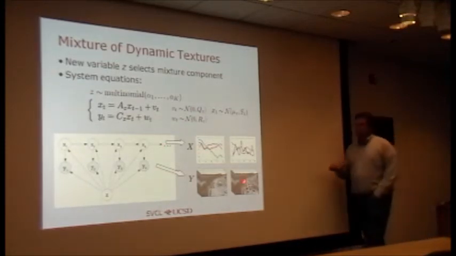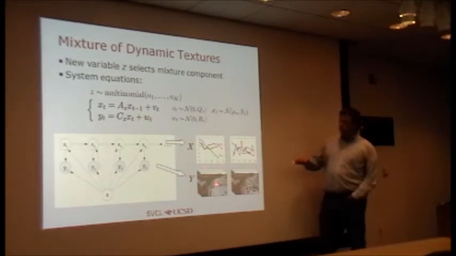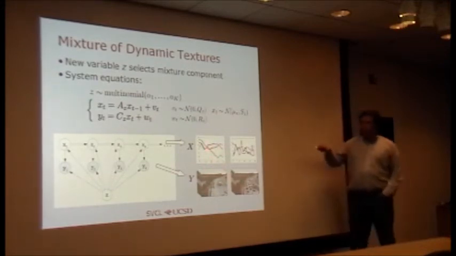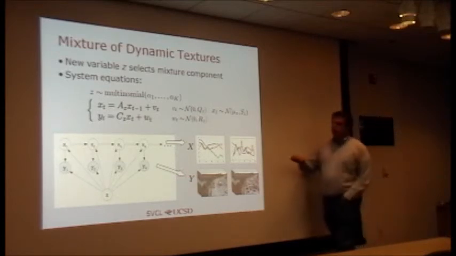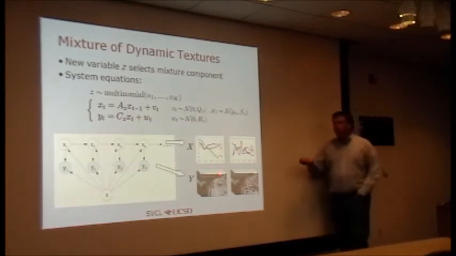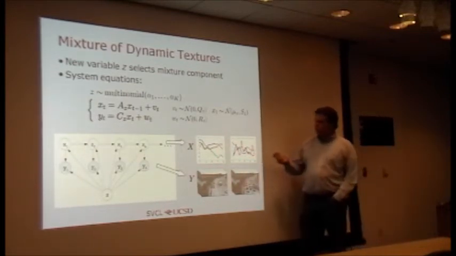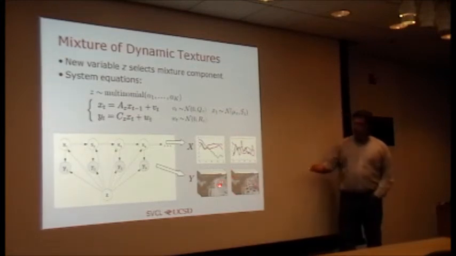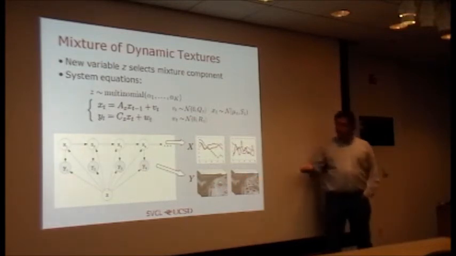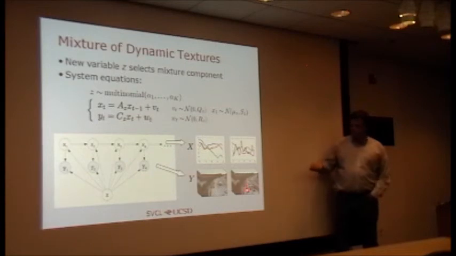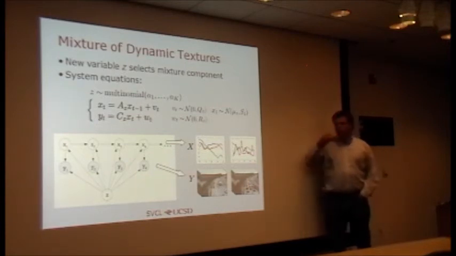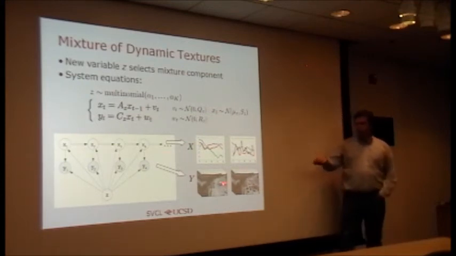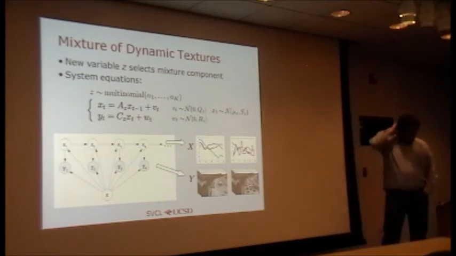The way to think about it is that now I have two different PCA with memory models, and at different points in time I can sample from each of them. If I want a traffic modeling system that accounts for the fact that during the day there are different levels of congestion, I can have a model with two components, one for not very congested and another for congested, and during the day the model figures out which of these dynamic systems is more suitable for the traffic at that instant.